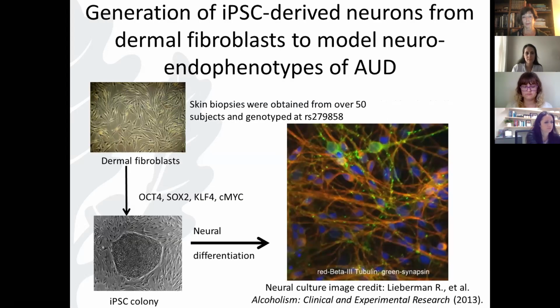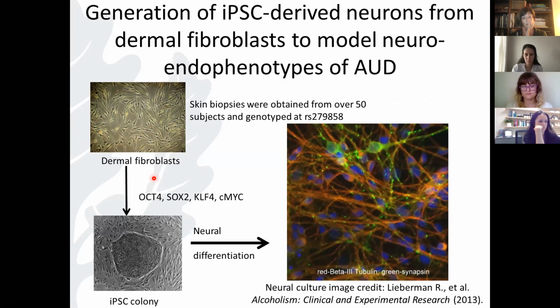The model system that we use is induced pluripotent stem cell derived neural cultures. So how we generate these is people who have participated in clinical studies studying alcohol use disorder have generously donated dermal fibroblasts.